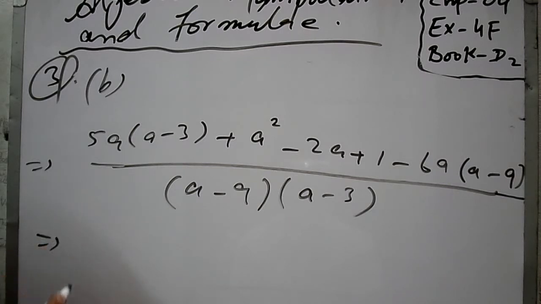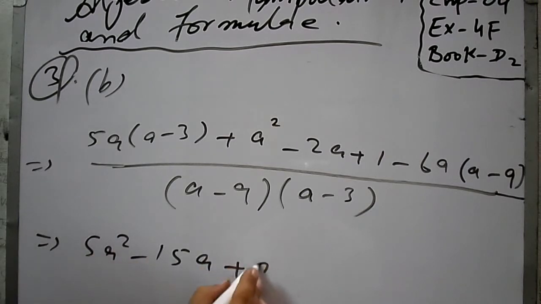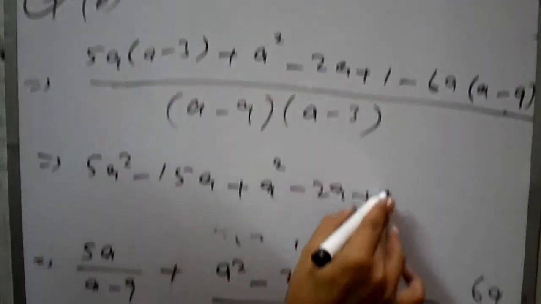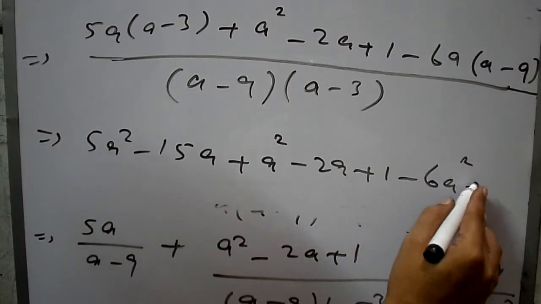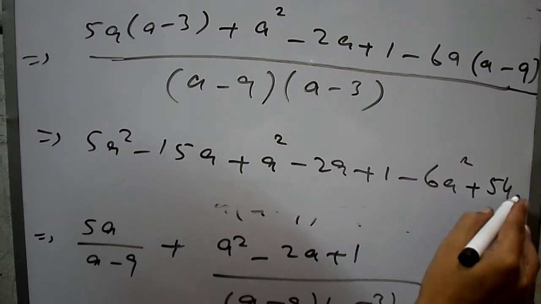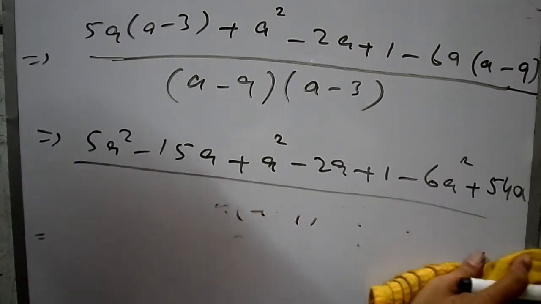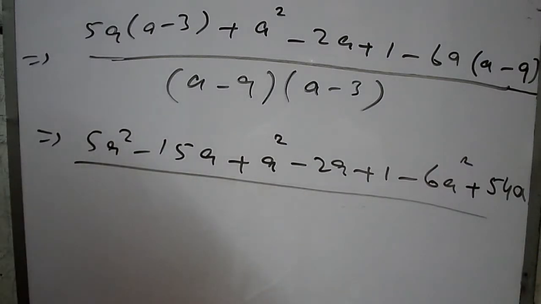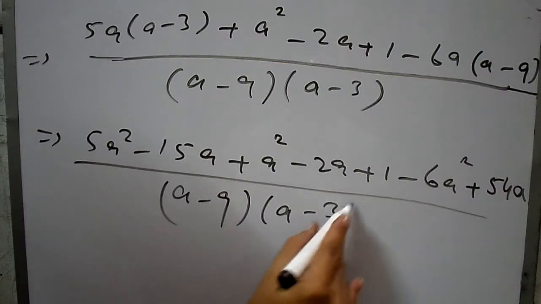Now further steps simplified. 5a square, 5 3s are 15a, a square minus 2a plus 1, 6a square minus 54a divided by a minus 9, a minus 3.